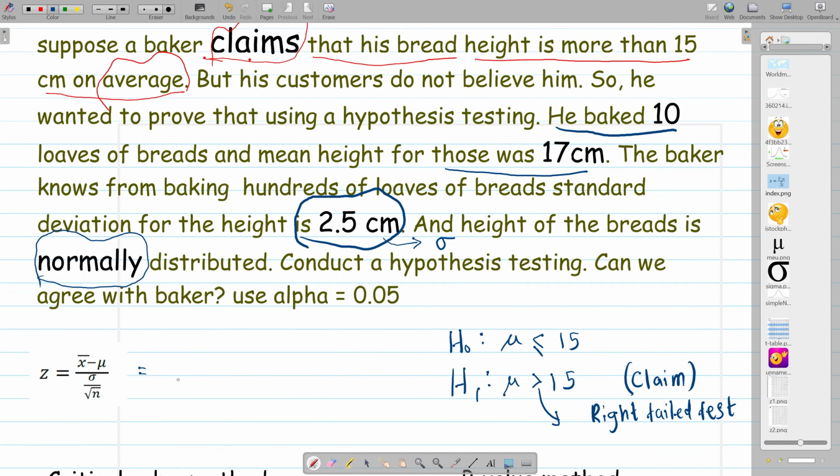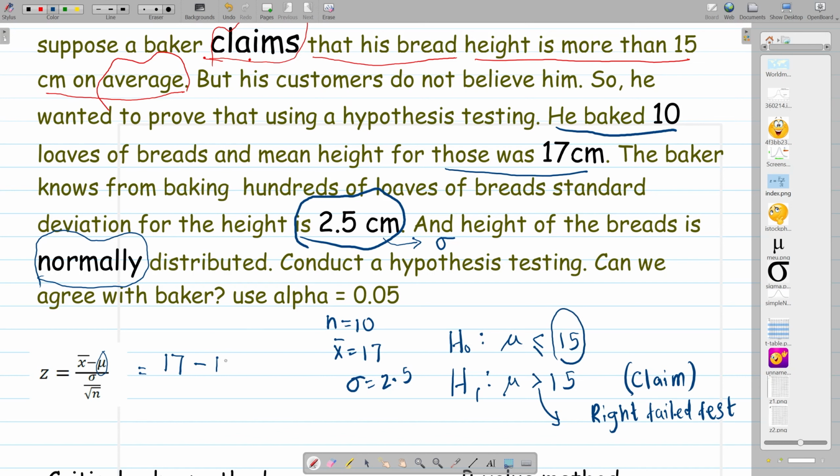Now, this is the Z test statistic formula. Let me note down those things. n is equal to 10, x bar equals 17, sigma equals 2.5. This mu comes from the null hypothesis. So, go to the null hypothesis and look at that one, it has 15.